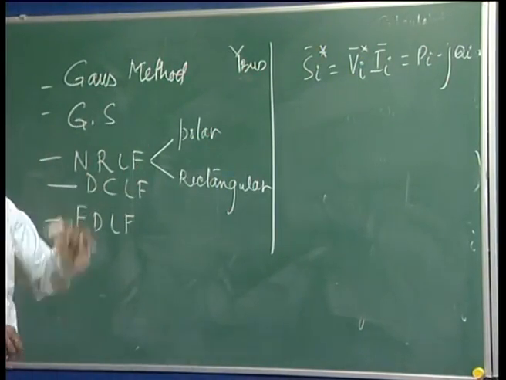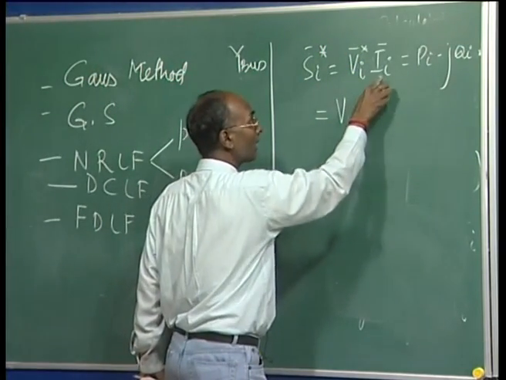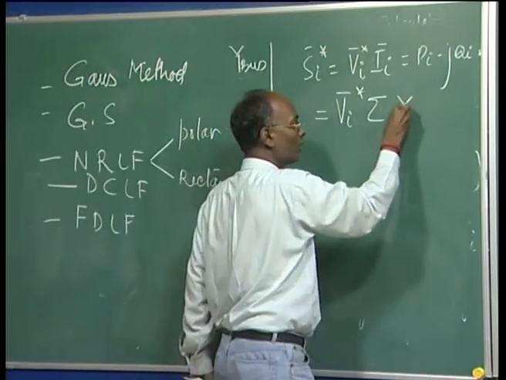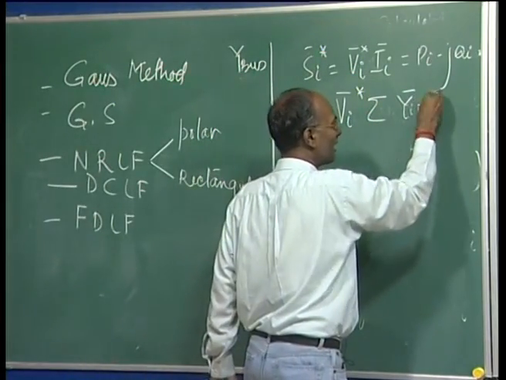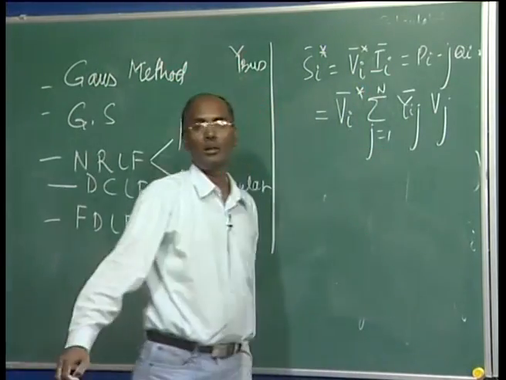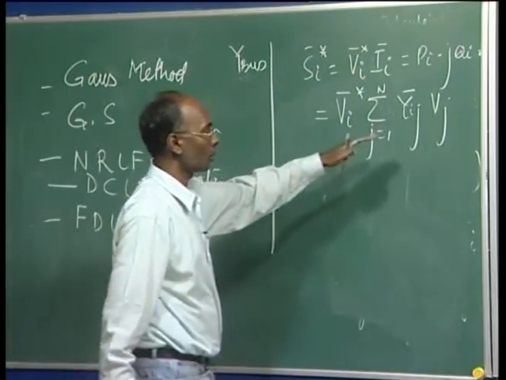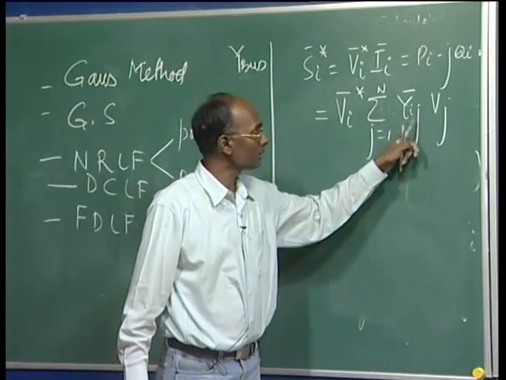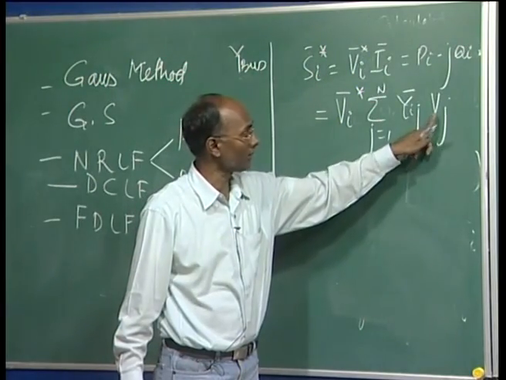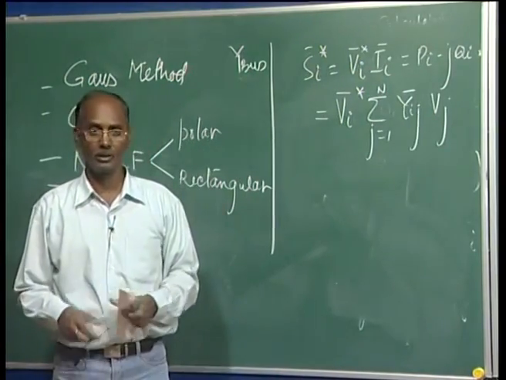Now this Ii conjugate, I can write simply as Yij into Vj, where j is equal to 1 to n. From the Y bus, based on the nodal method, this is the admittance matrix; you multiply by Vj and add, and you get the current injection at that bus.